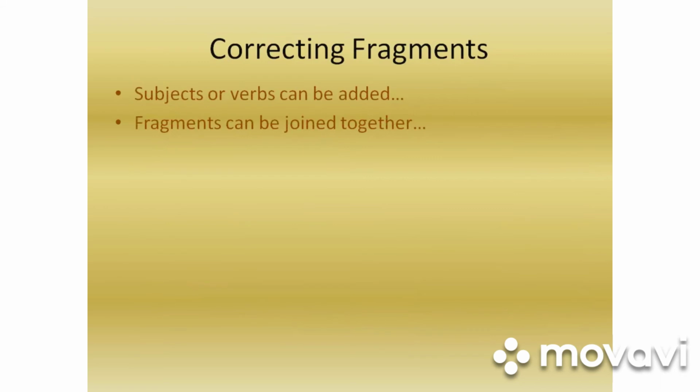For example, "Writing a summary showing your understanding of the story." We add "is": "Your writing a summary is showing your understanding of the story." So you can unify, add, or rewrite.